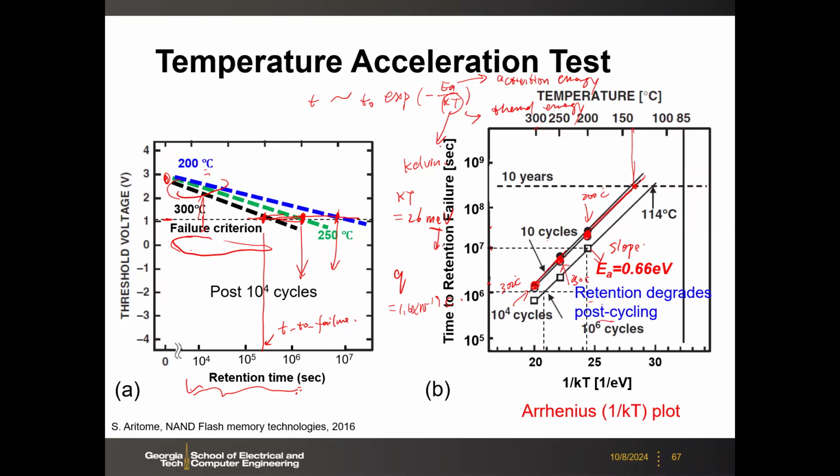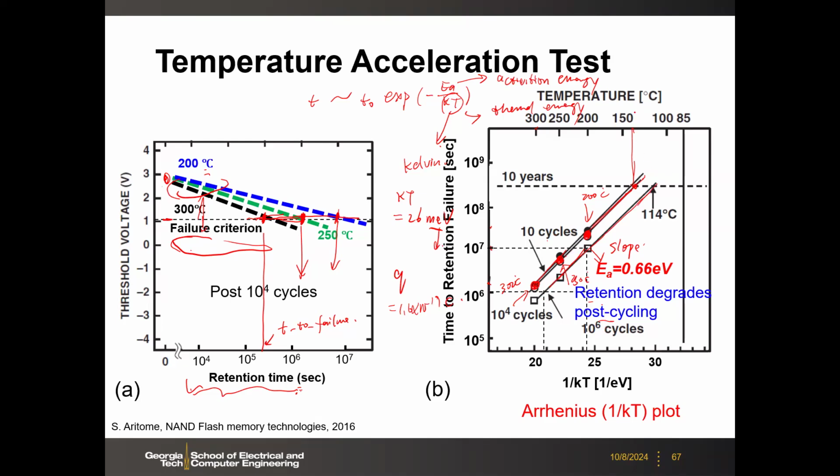Here it shows the data for the first 10 cycles. That means you only write 10 times to the device. It's more like a fresh device. But then as you use the device, as time goes by, it's like post-cycling. So after 10 to the power 6 cycles, if you remeasure this retention, that will become the second line here, which degrades from the initial one.